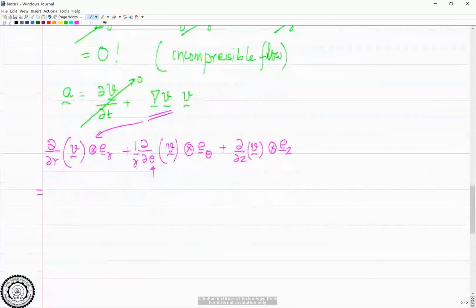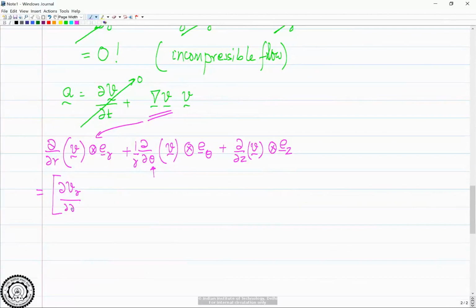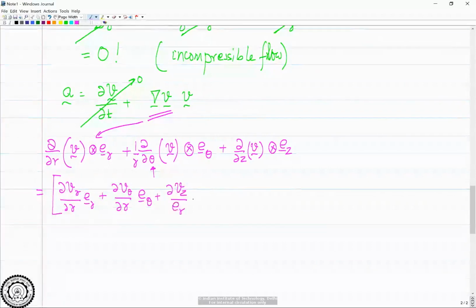Okay, so what is this going to give me now? So now you have a lot of terms actually. Again, when you take derivative with respect to r, the basis vectors act like a constant. So you have del Vr by del r Er plus del V theta by del r E theta plus del Vz by del r Ez, tensor product Er.